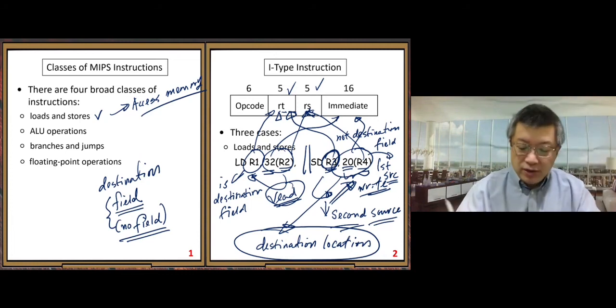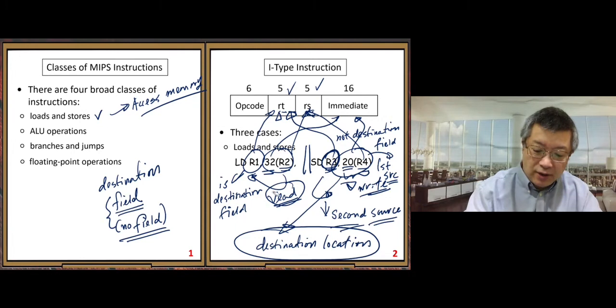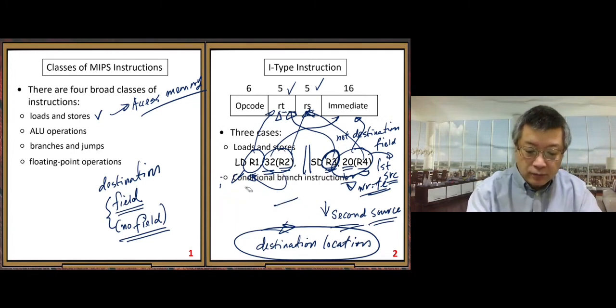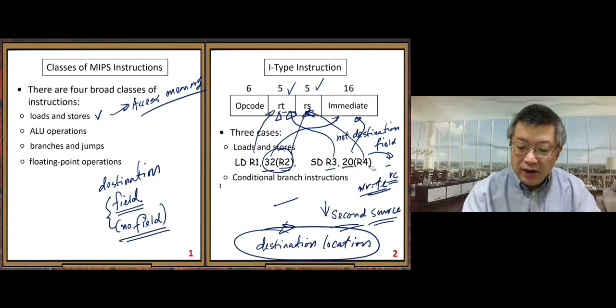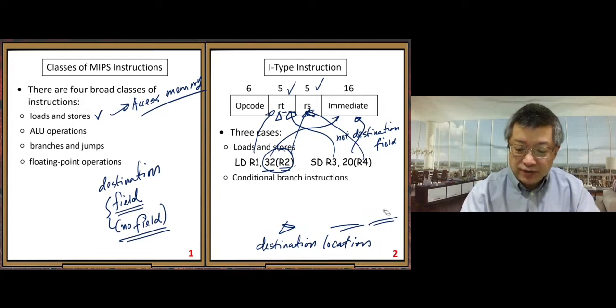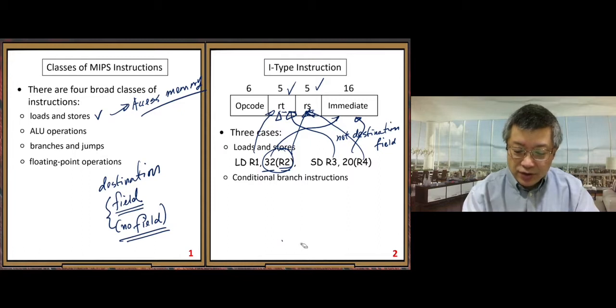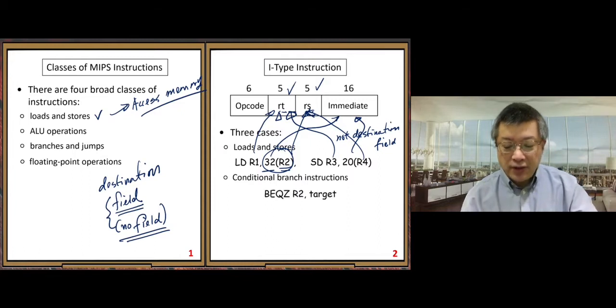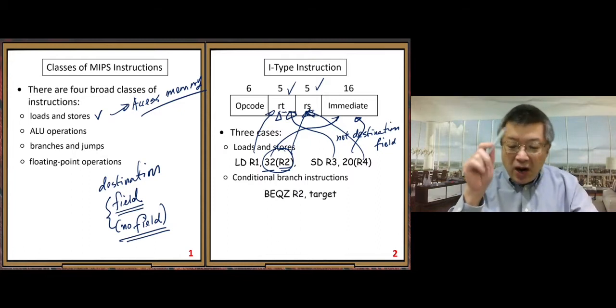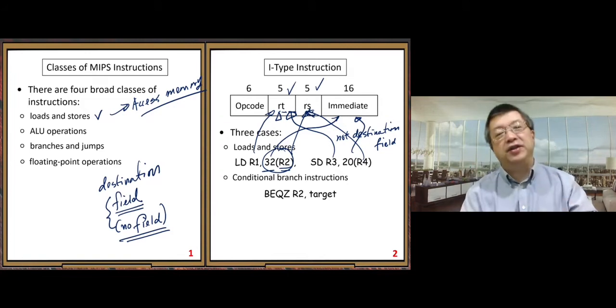So next one, let me erase this part. The next one, conditional branches. Conditional branches also use I-type instructions. What's that? BEQ R2, target.